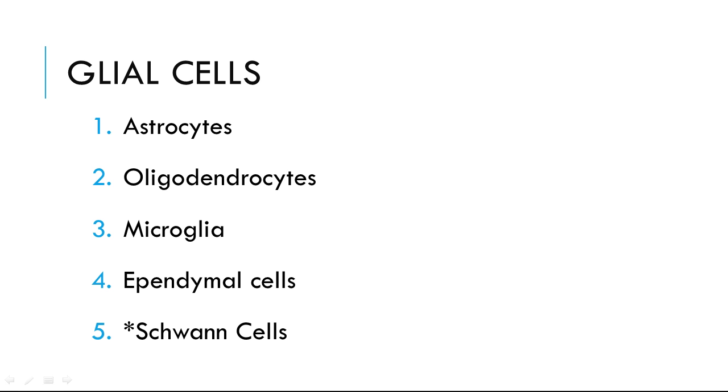Their job is making sure if there's extra neurotransmitter, potassium, whatever, they help get that out of there. They also help when the brain grows and develops from fetal through early brain growth. They're there to physically send the nerves on their way, like, all right, you go this way, and the nerve cells just kind of grow along.